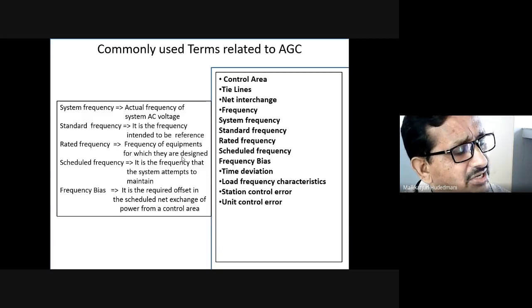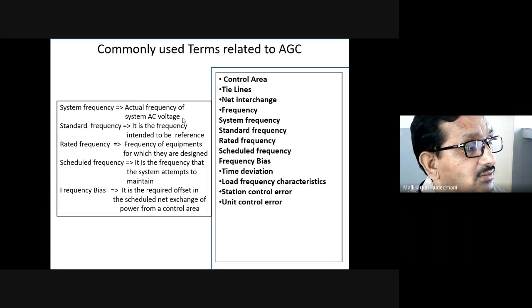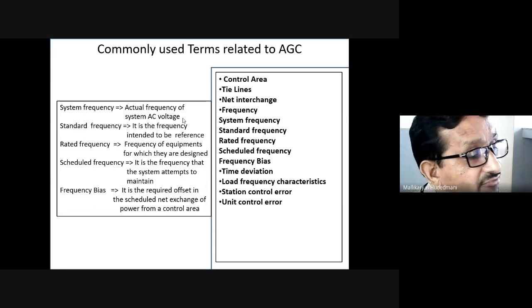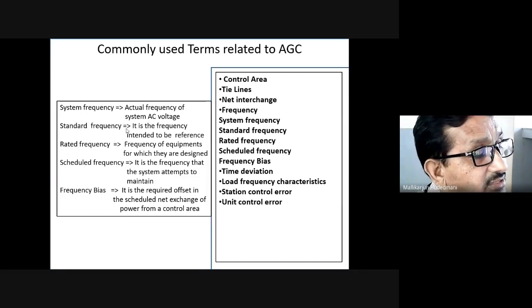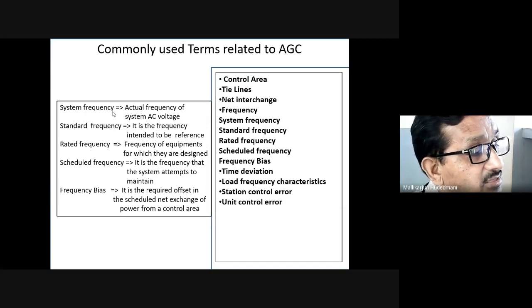You can notice a small difference in keywords from one to the next. System frequency refers to the actual frequency of the system AC voltage in practical terms. Actually what I am finding is the AC voltage frequency, the system frequency.